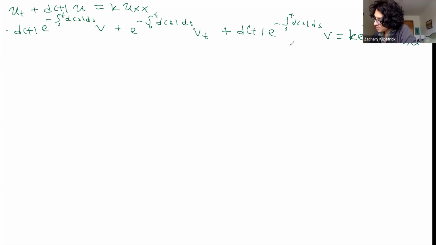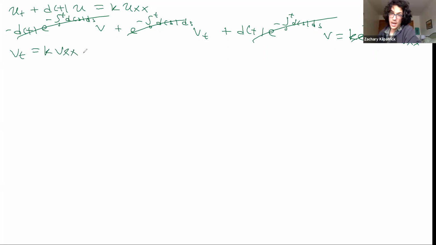So now these terms cancel, and I can divide by my prefactor, and I end up with v sub t equals k v_xx.